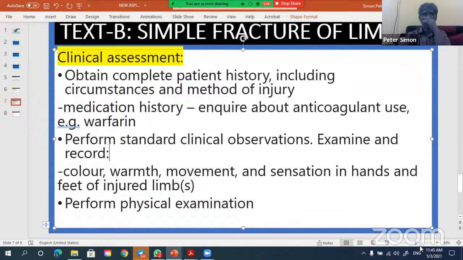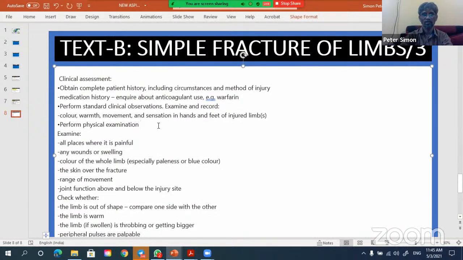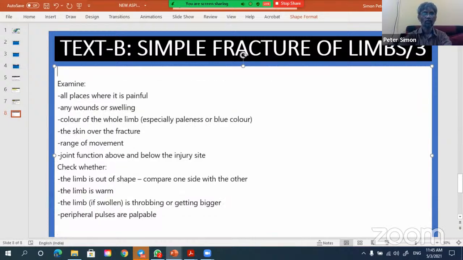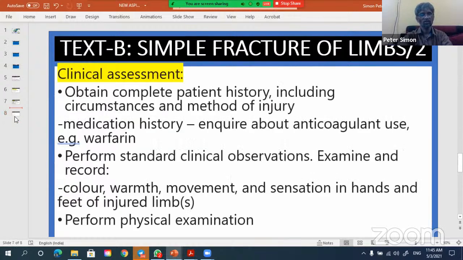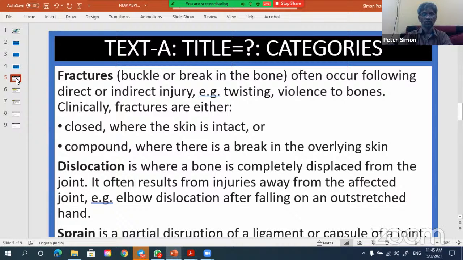Okay, so that's why I separated this one. Next one, this is 3. So remove clinical assessment. Then examine and check whether. So there are 2 here. So let us make 2 separate slides for this one. So this is number 3. So categories over.